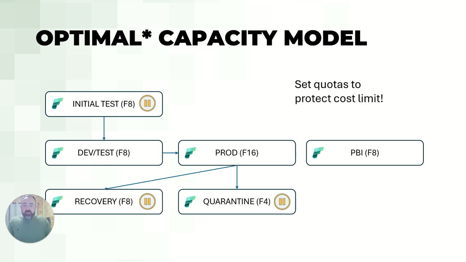And we also have a quarantine capacity, which again can be paused when we're not using it. But this is a reduced capacity. You might want to remove bursting and smoothing completely from this capacity, and this is where we want to put any workflows that are not being optimized by your devs.